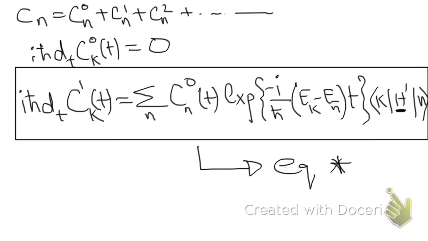Okay, let's move on further and assume that the system starts in one particular eigenstate, and say that eigenstate is my state I, initially, of a 0th order Hamiltonian. That just means that the Hamiltonian is unperturbed.